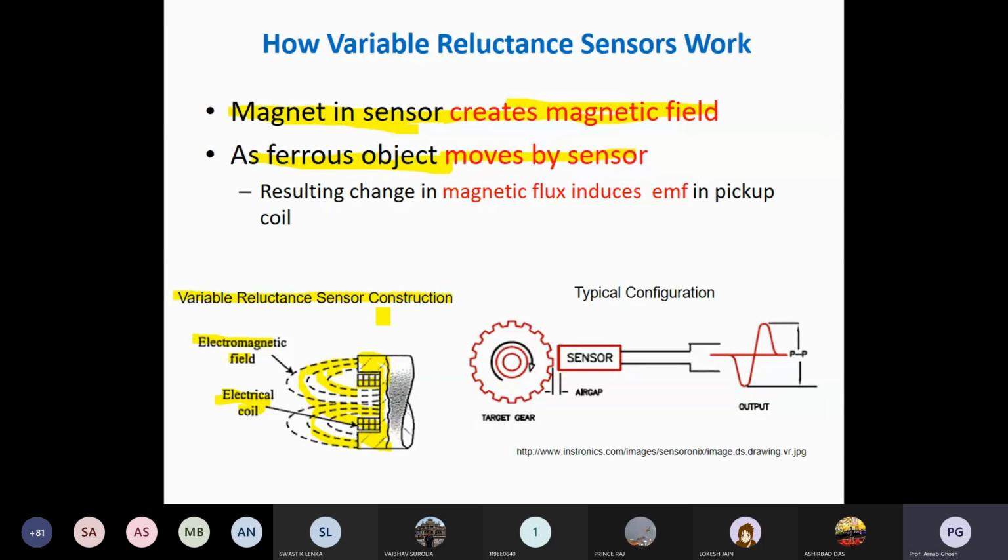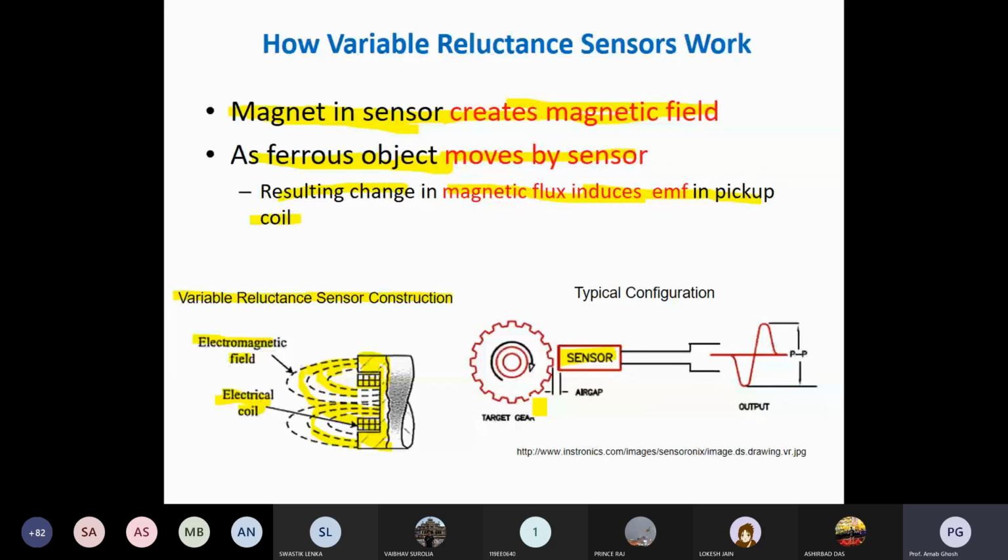As ferromagnetic objects move toward the sensor, that movement is responsible for the change in magnetic flux, which induces an EMF in the pickup coil. Two coils are there, and one is the pickup coil, which will pick up that voltage level.